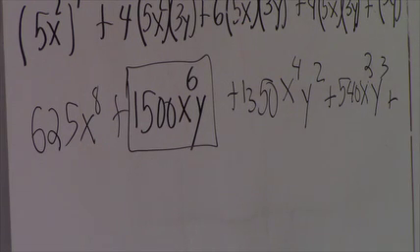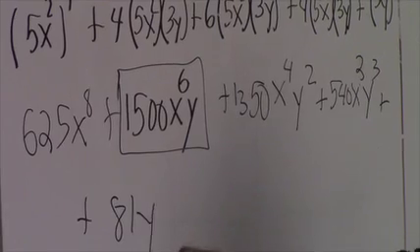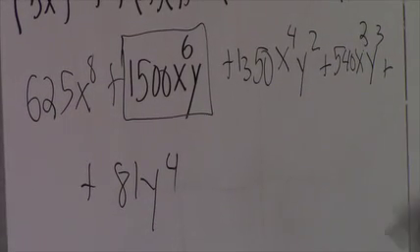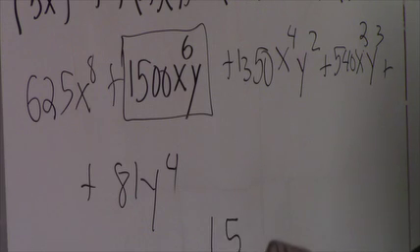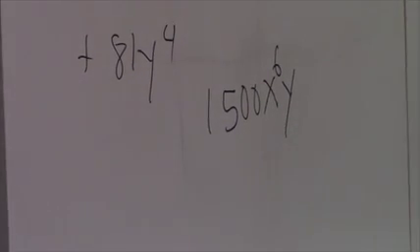Plus 3 to the power of 4, which is 81, so 81y to the fourth. So our answer for the second term is going to be 1,500 x to the 6 y. Okay? So let's take on the second problem.